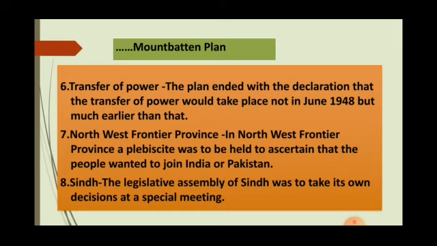A plebiscite means a referendum or a poll, a survey among the people that will be conducted. From this, they would come to know whether the wishes of the people are to be with India or Pakistan. As per the wishes of the people, the province will be added either with India or with Pakistan.